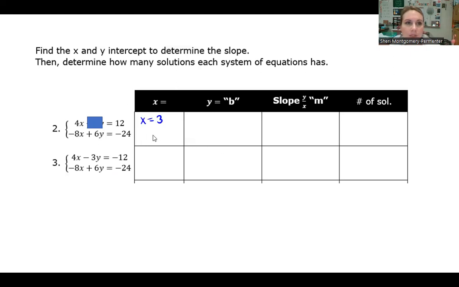And I have to leave myself space because I have to do the same thing for the bottom equation. But I'm going to scoot this over now. And then I get 12 divided by -3.